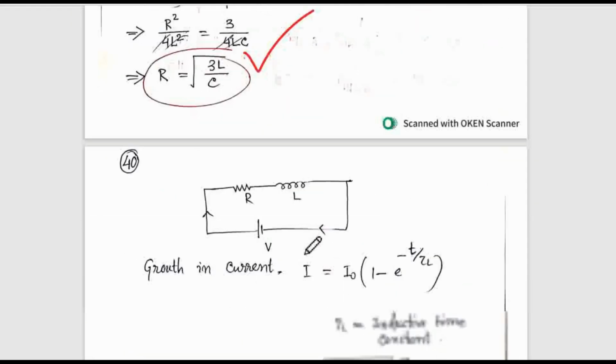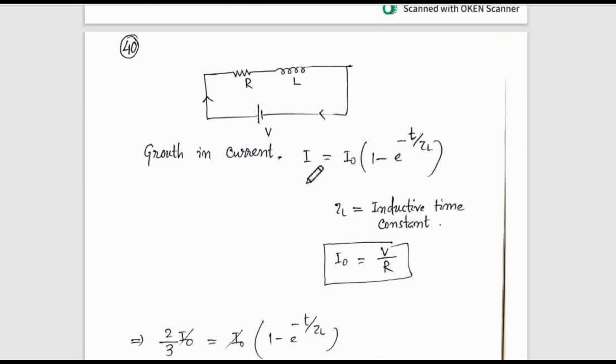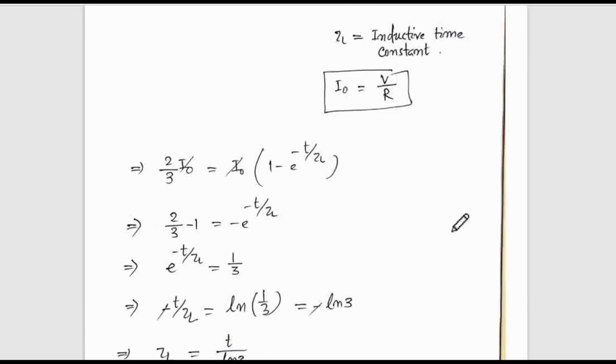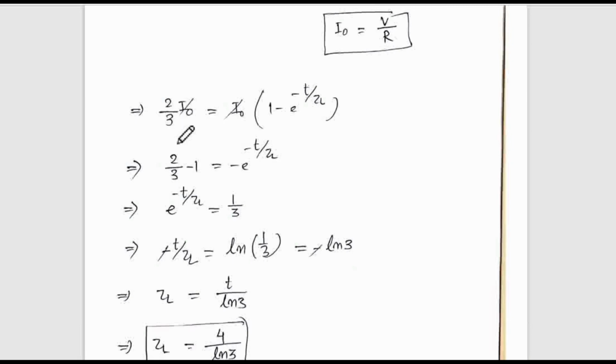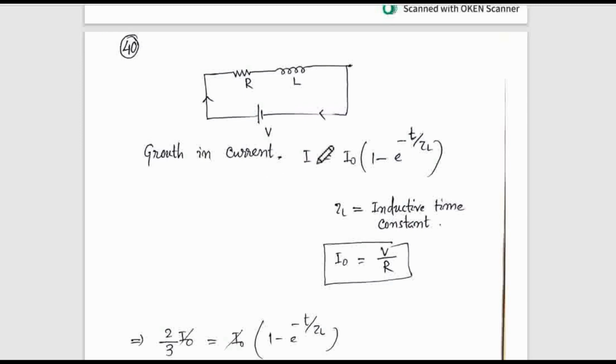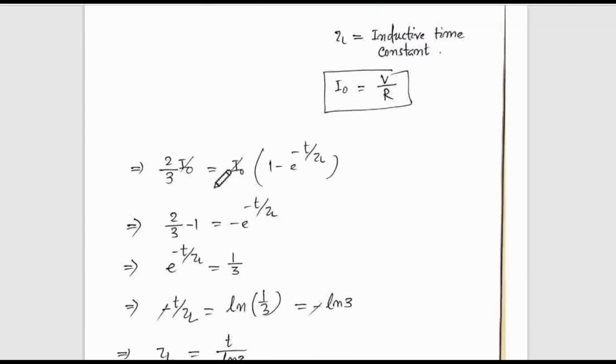If you see the solution, the growth in current I is equal to I naught times (1 minus e to the power minus t by tau L), where tau L is the inductive time constant and I naught is V by R. The condition given is that I is equal to 2 by 3 of I naught.